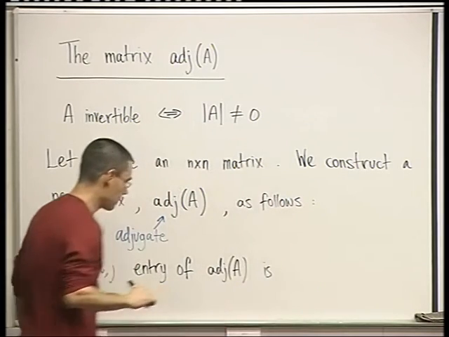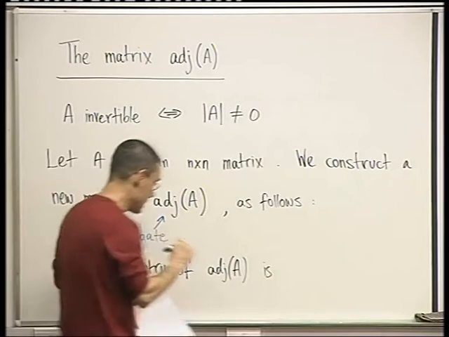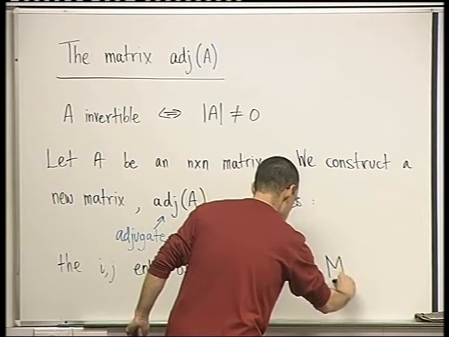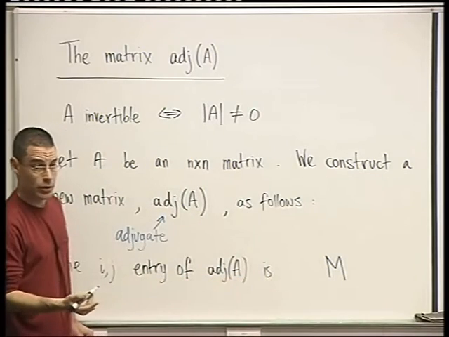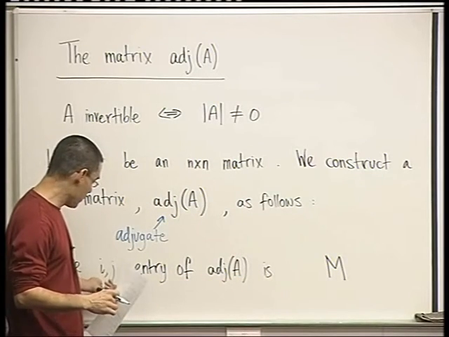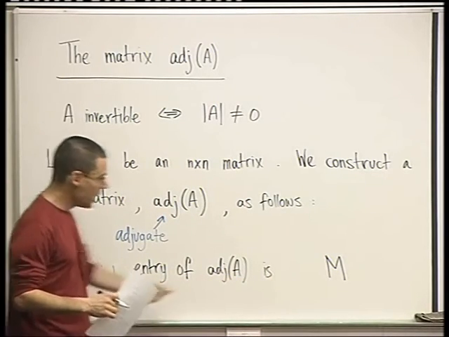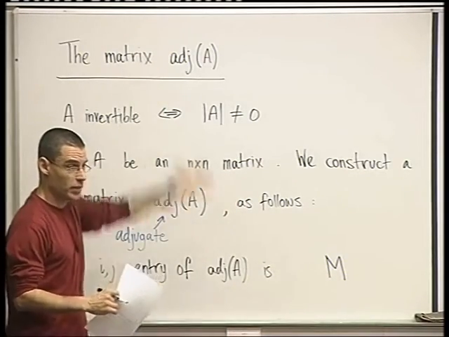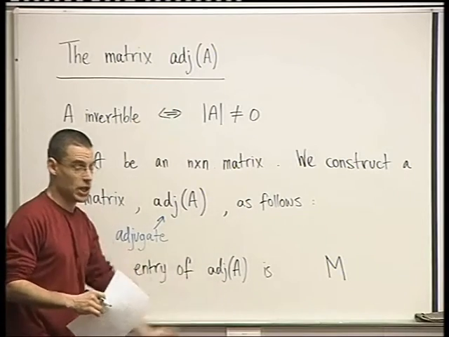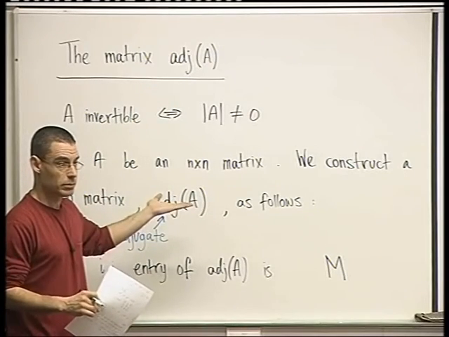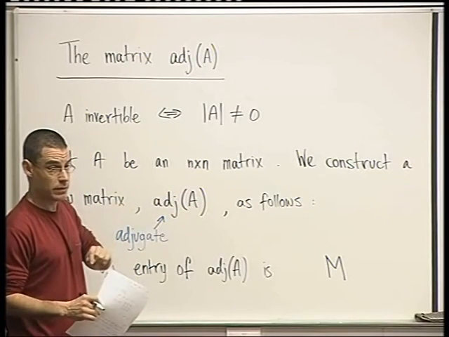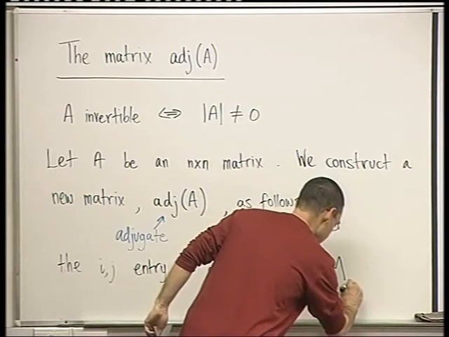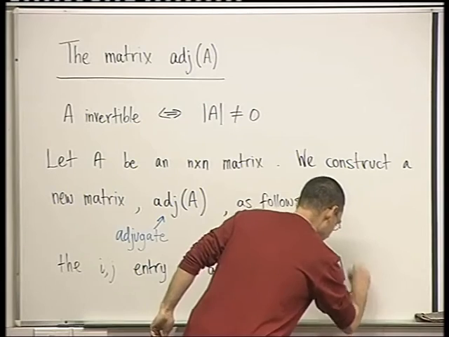I take M, we denoted by M the minor. Okay, so I'm taking the minor. Once I have an I and a J, I can find the minor corresponding to I and J. Cross out the jth column and the ith row, right? That would be Mij. Okay, but I'm not taking Mij, I'm taking Mji.